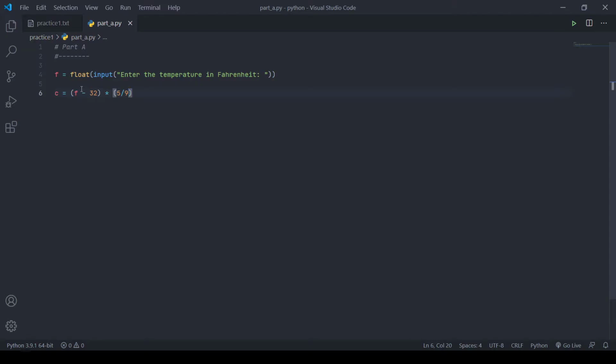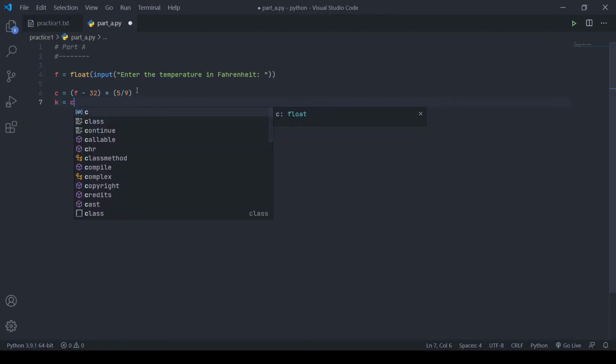It's not another number you're dividing. So I just want to make sure that the interpreter knows that I want it to explicitly calculate this and then make sure it's multiplying by 5/9 and not multiplying by 5 and then dividing by 9 and so on.